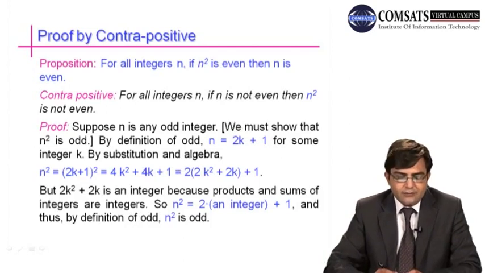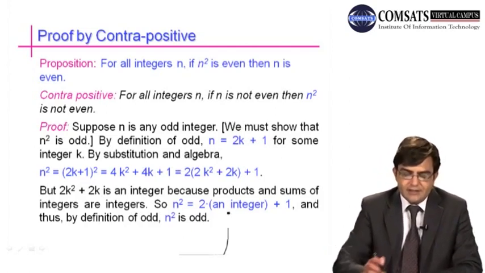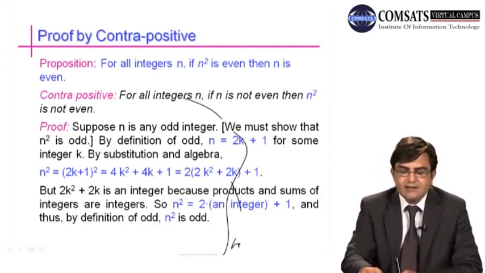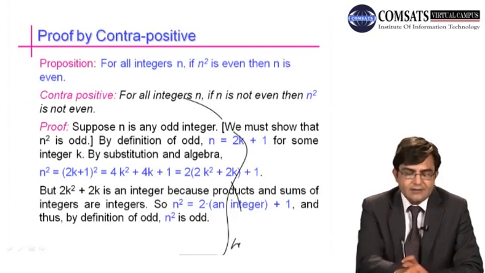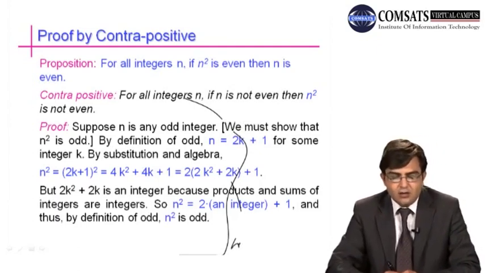First of all, we write the contrapositive of the given statement. For all integers n, if n is not even, then n square is not even. This is the contrapositive of the given statement. Now we shall prove this contrapositive statement by the method of direct proof.